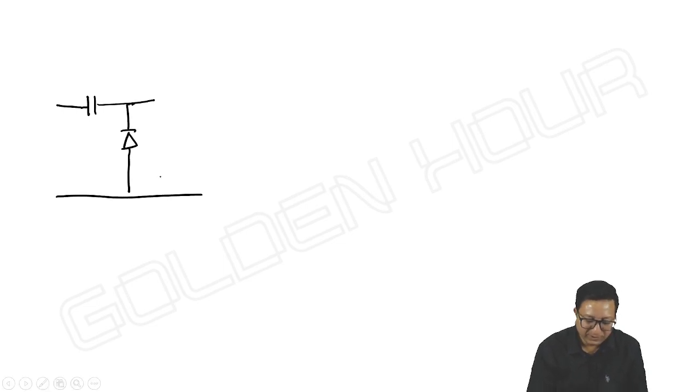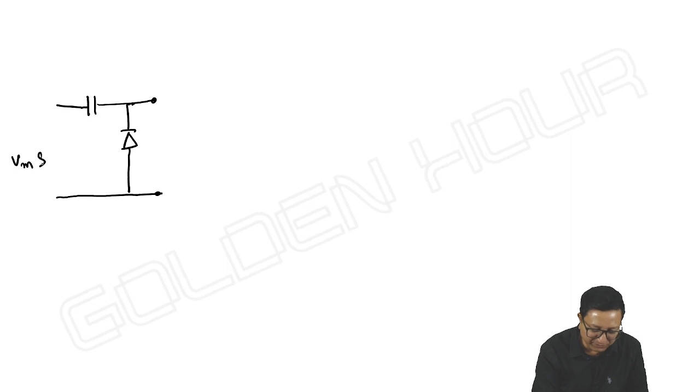First, let me start with a positive clamper. Whose output is like this, input is Vm sine omega t.